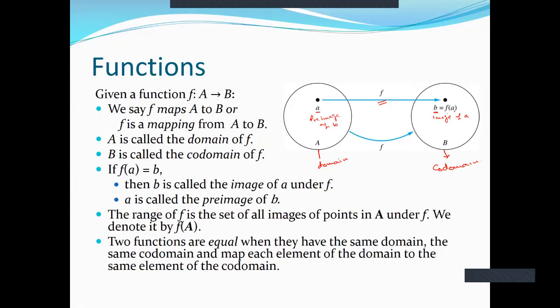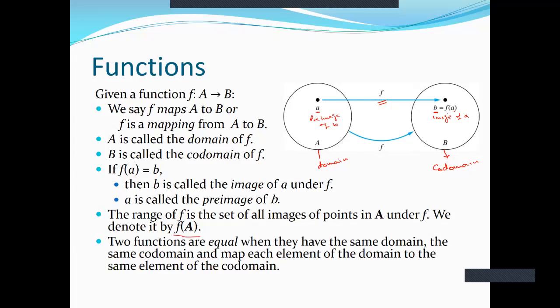For example, there are elements a, b, c, d, e, and here we have 1, 2, 3, 4, 5. Some of the elements may be mapped to B, and some of the elements are remaining. So the complete set is called the domain, and the subset of those elements that are mapped is called the range, and we denote it with f(A).